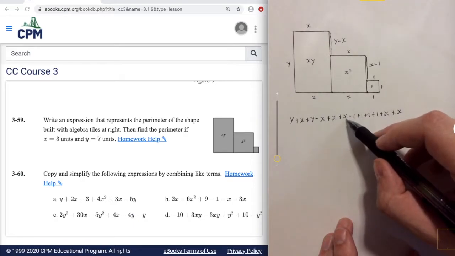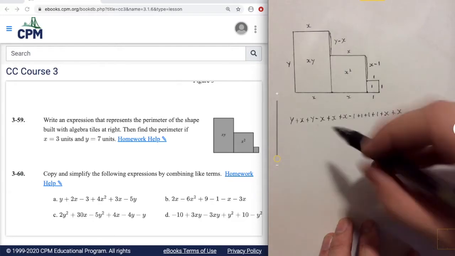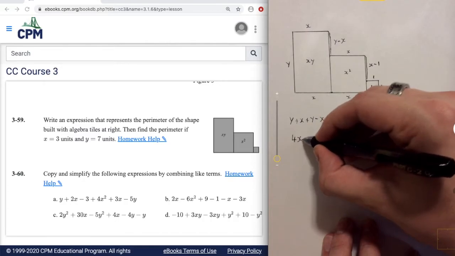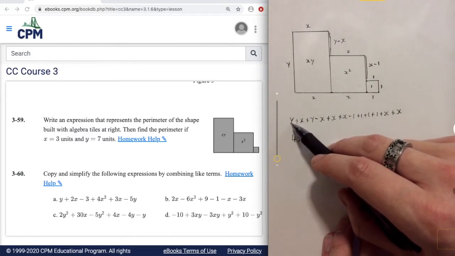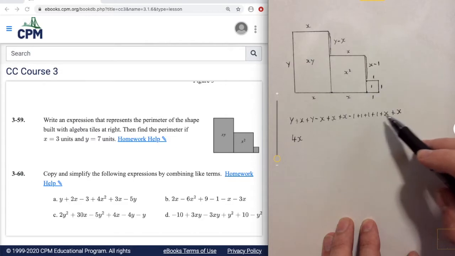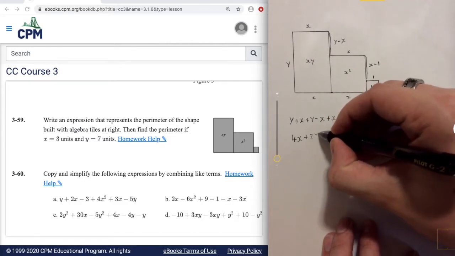Have another x, so now we have 2 x's, 3 x's, and 4 x's. So we can combine all the x's to 4x. Now we can do the same thing with y: we have a y plus another y, so we have 2 y's, and it looks like that's all the y's. So we have plus 2y.